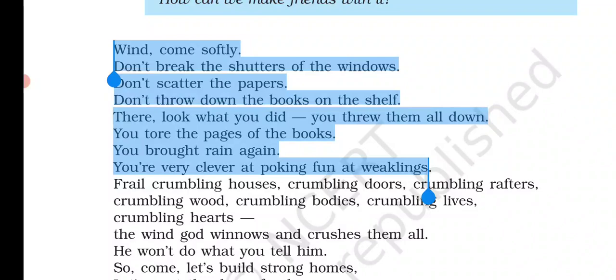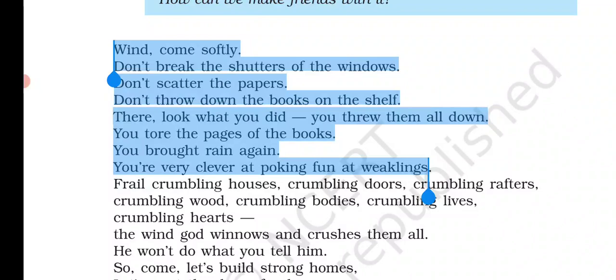And then he says that wind has the power to destroy, because it breaks the shutters of windows, and it can also scatter the papers everywhere. The wind is very powerful, and when you keep your books on the shelf, it has the power to push them off the shelf, right?